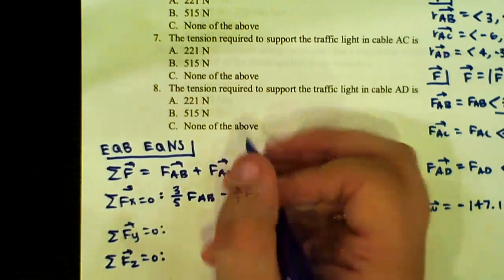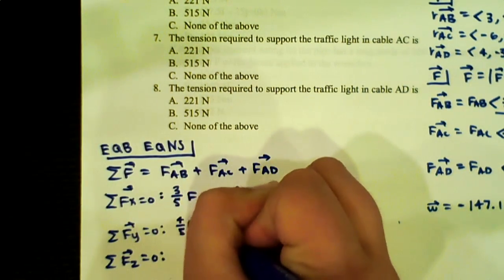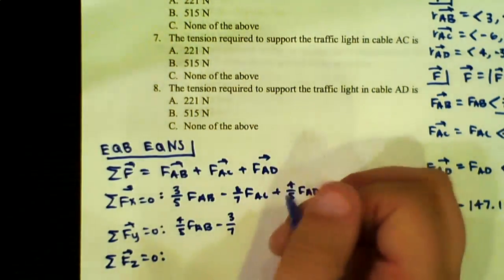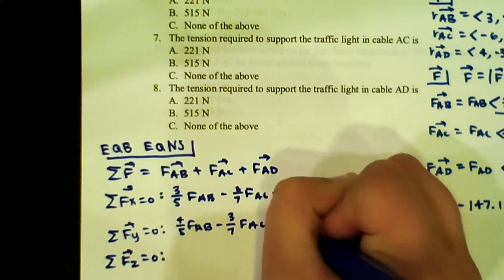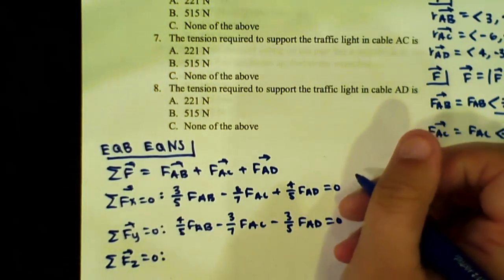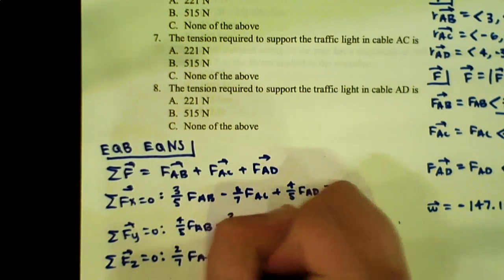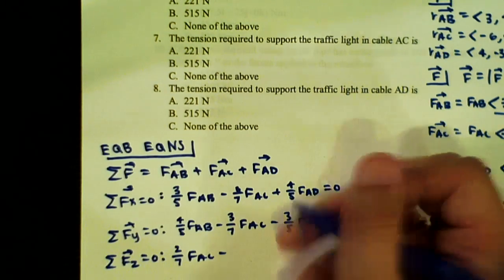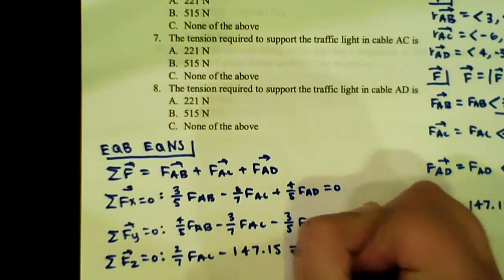For the sum of the forces in the y, we have 4 over 5 FAB minus 3 over 7 FAC, and we have negative 3 over 5 FAD, all equal to 0. And then finally for z, we have 2 over 7 FAC minus the weight, which is 147.15, all equal to 0.